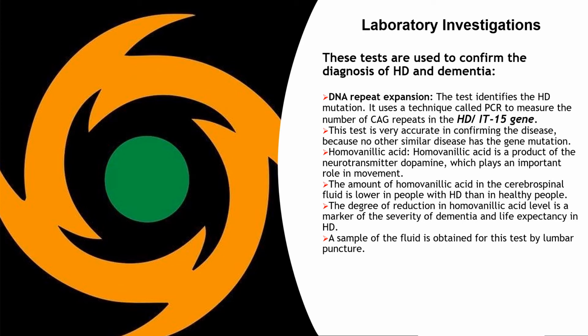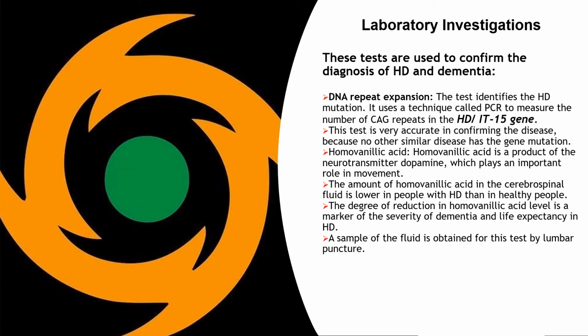Vanillic acid is a product of the neurotransmitter dopamine, which plays an important role in the movement that is linked specifically around Huntington's.